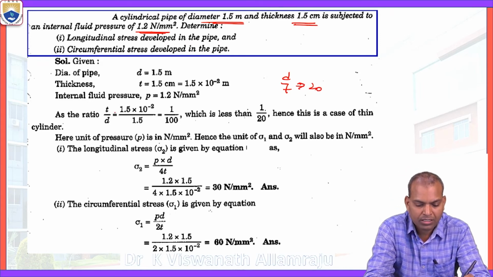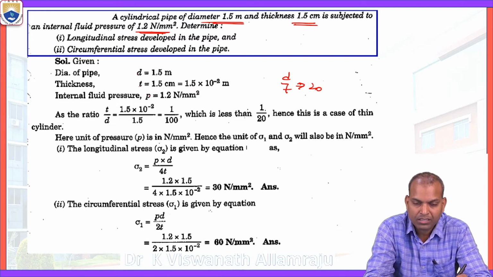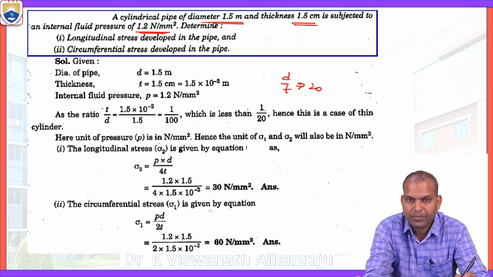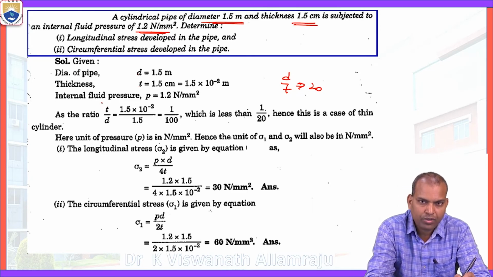The D by T ratio is 1.5 by 1.5 times 10 power minus 2, that is 100, which is more than 20. That means this cylinder is a thin cylindrical shell. Now we have to apply the derived expressions related to thin shells.